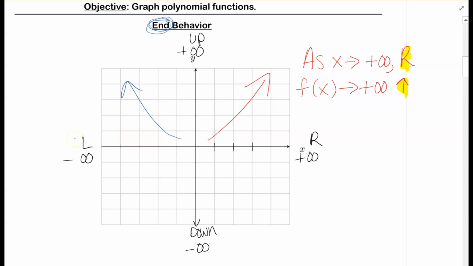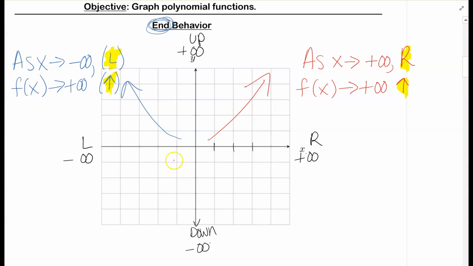So going to the left side, we would say as x approaches negative infinity, because again, this is talking about the left side, the function f of x approaches, and if you notice it's going upwards, so upwards again is positive infinity. I'm sorry, I don't need a comma there. This is going upwards, okay? So as the function goes to the left, as your x values go to the left, your function goes upwards.